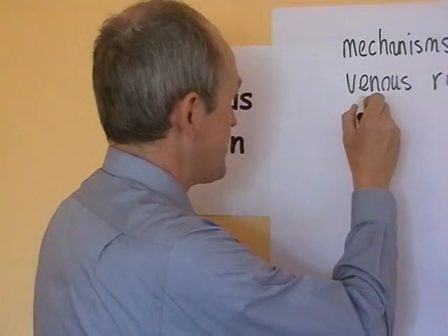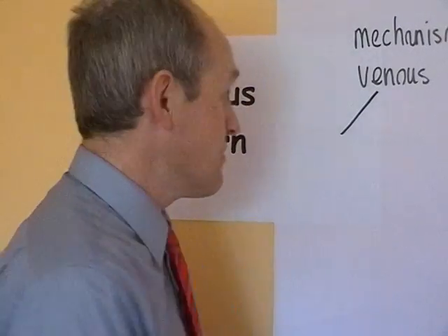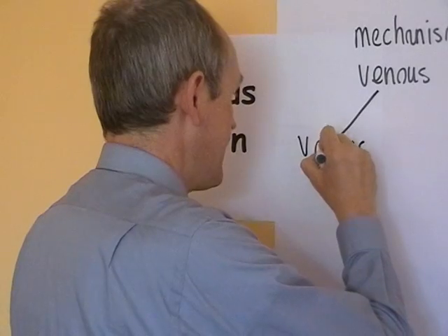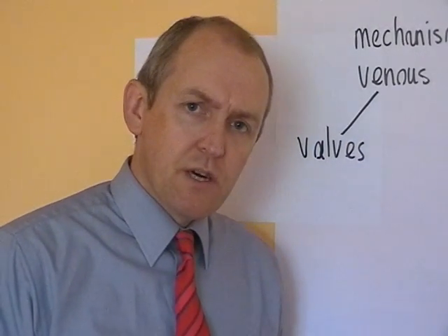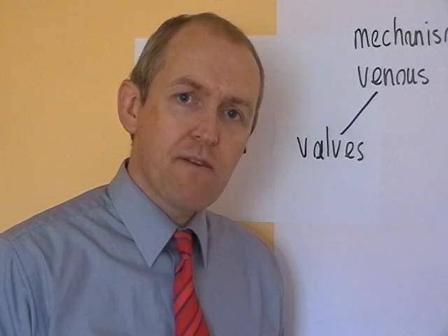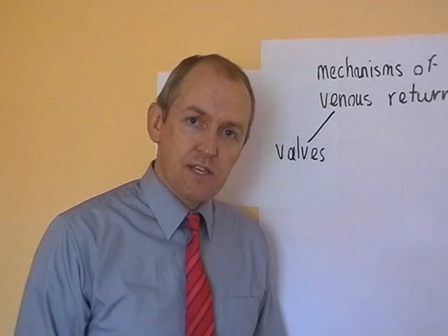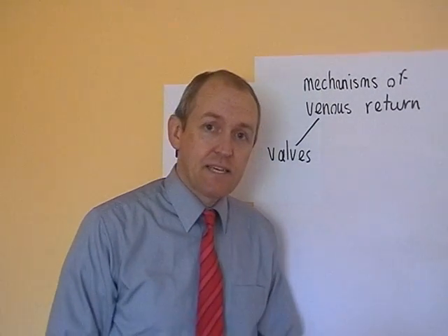Well, the first one I want to mention is the fact that veins have valves. Now, a valve is a structure which will ensure a one-way flow of blood. And the valves in the veins ensure that the blood can flow from the periphery back to the centre.